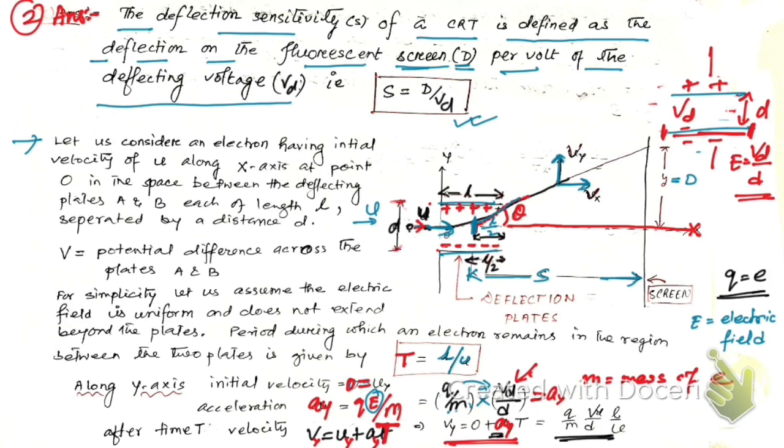So we have got q by m into Vd by d into, and this t time is replaced by this expression L by u, right? L by u. So this is equal to nothing but our Vy. Okay, so now let me go to the next slide.